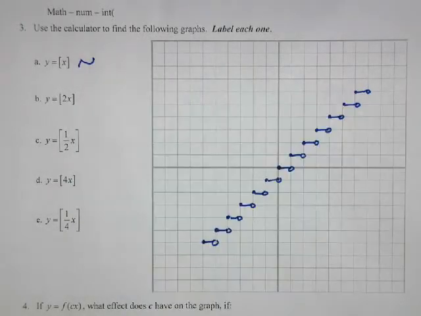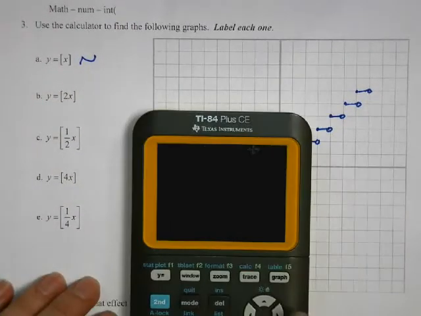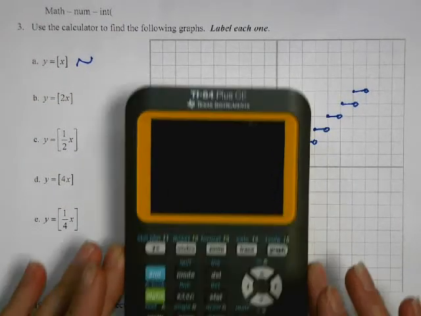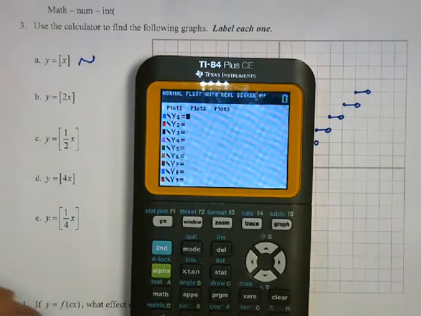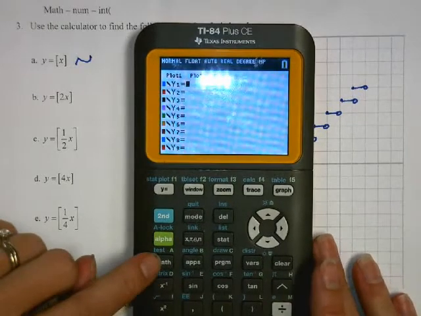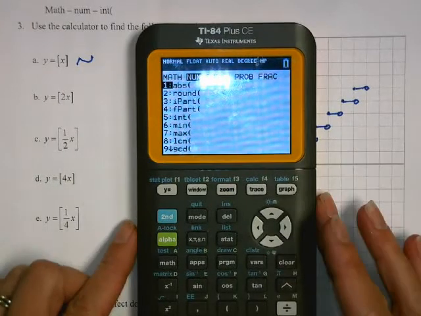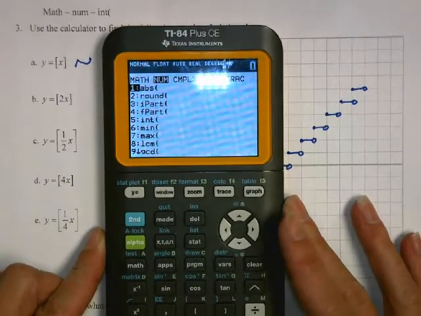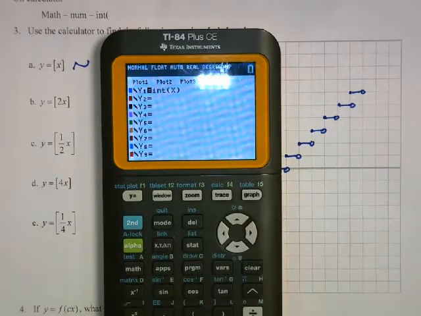Okay, then we're going to graph this on the calculator, and the instructions for how you find this are here. So we're going to go to our y equals, we'll get rid of those guys, and I'm just going to graph the parent function for right now. So if you go to the math button, over to number, down to int, that is the greatest integer function.